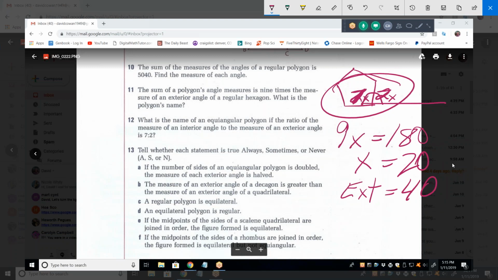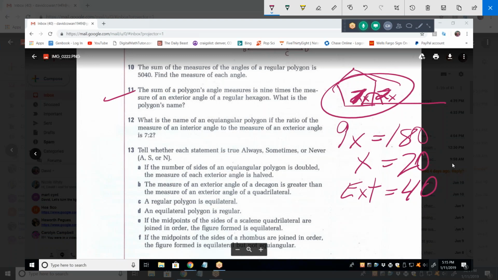Well, once you get the exterior angle, we can answer the question. How many sides does this figure have if each exterior angle is 40 degrees? So 360 divided by 40. 9, so it's a nonagon. Nonagon, exactly.